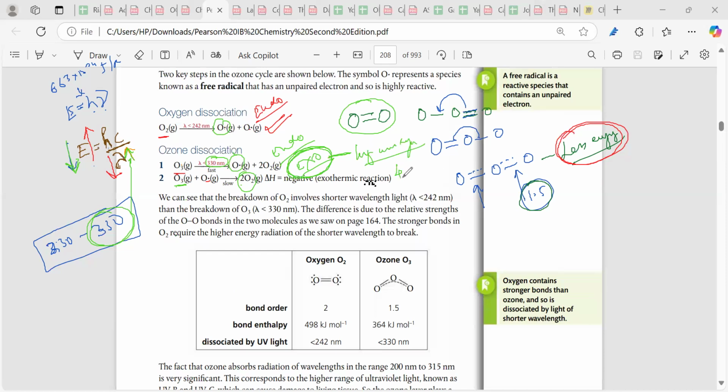This increases the temperature of the stratosphere by 40 degrees centigrade. So we understood why the stratosphere is warm, which helps our Earth stay warmer. If the stratosphere was not there, we would have died in the cold. The Moon and Mars do not have any stratosphere or atmosphere, so no life is possible.